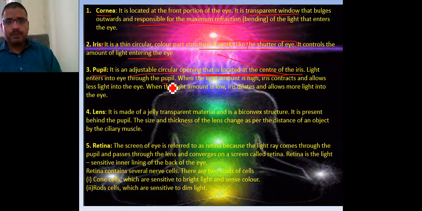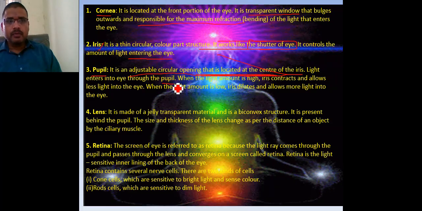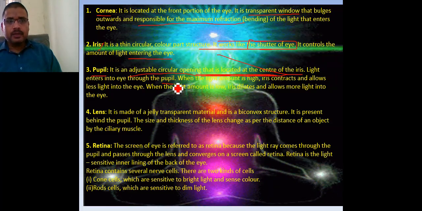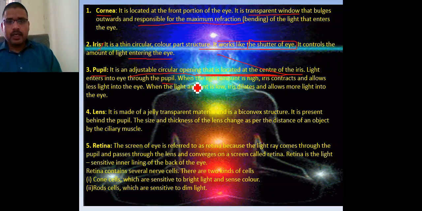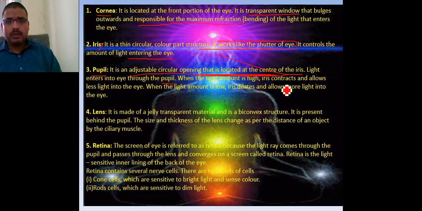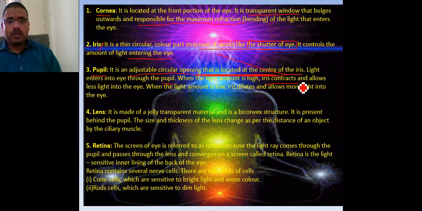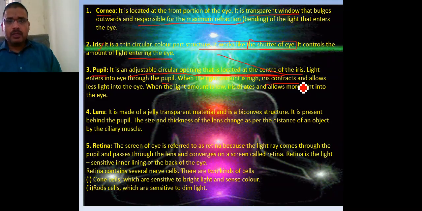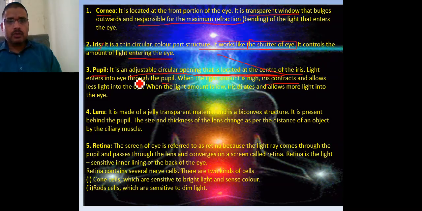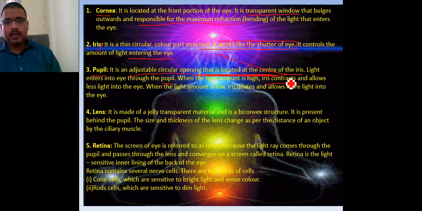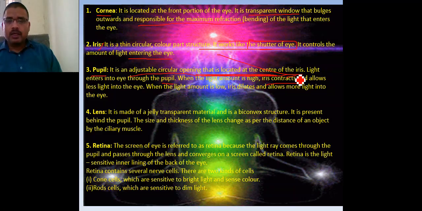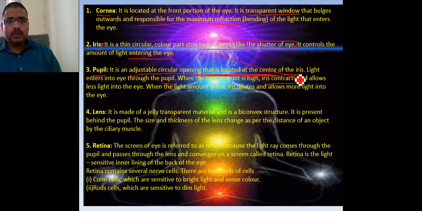Now, when the light amount is high, the iris contracts and allows less light in. If so much light comes inside the cornea, what happens? The iris has the ability to contract, and with that contraction, less light gets inside the eye. When the light amount is low, the iris dilates and allows more light.